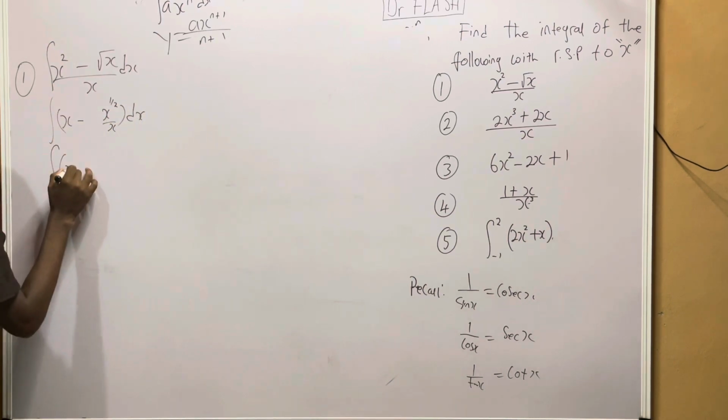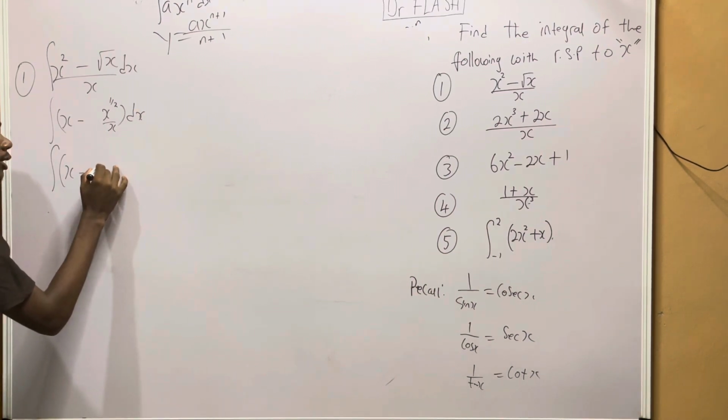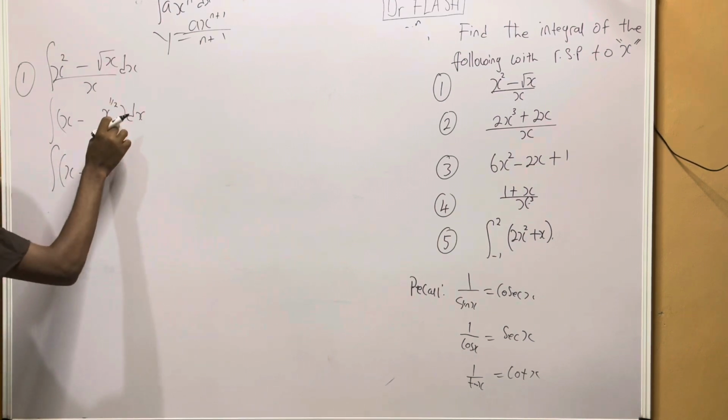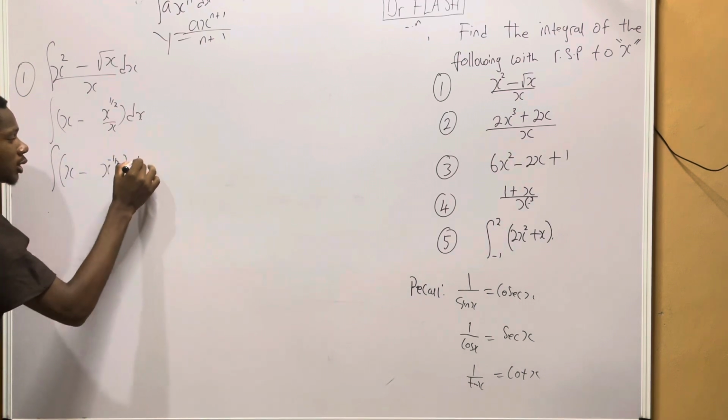So I'm going to have x minus x to the power 1 over 2 over x, which simplifies to x to the power of 1 over 2 minus 1, that's minus 1 over 2, dx.